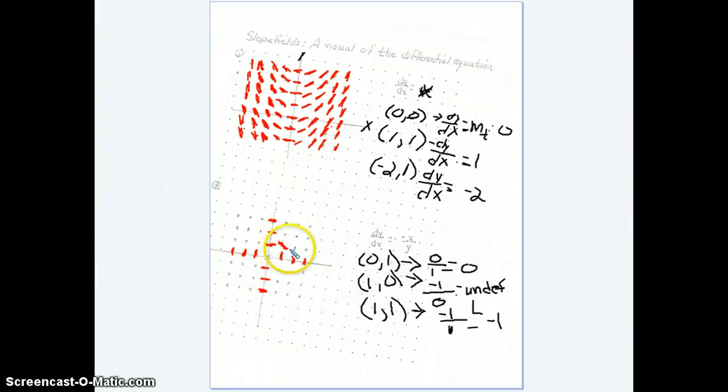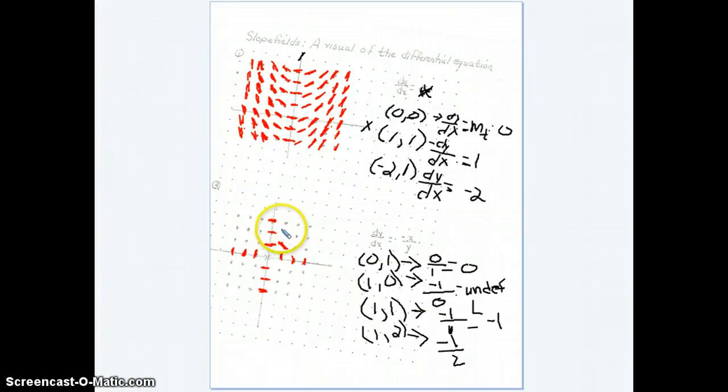Now I have to be careful because all along this line, it's not going to be the same. It's not going to be the same because if I pick the point (1, 2), then I'm going to get negative 1 over 2. That's negative 1/2, and that's not the same as that. So I have to make sure that I look at that accordingly.